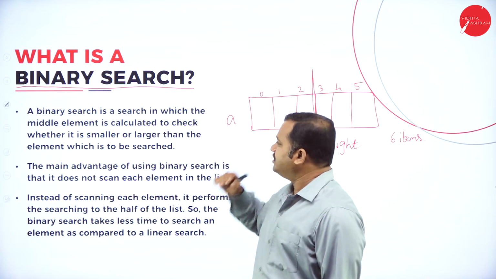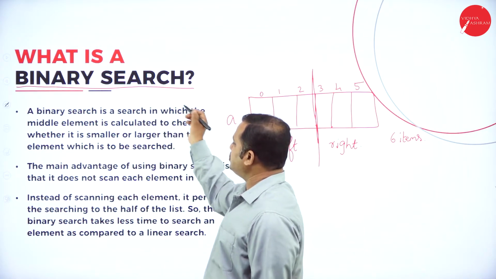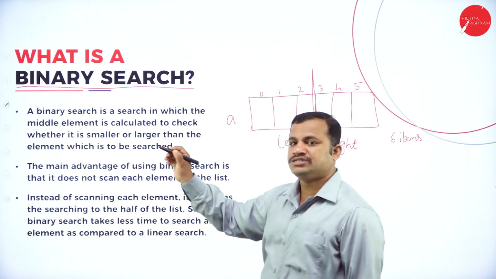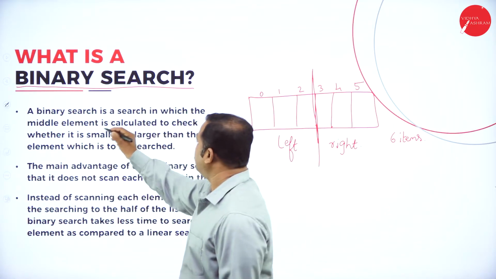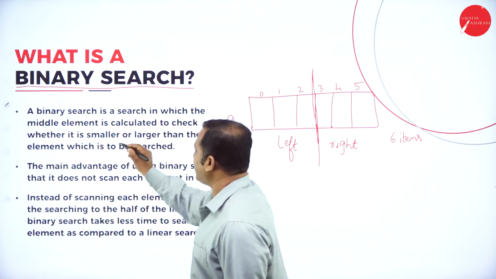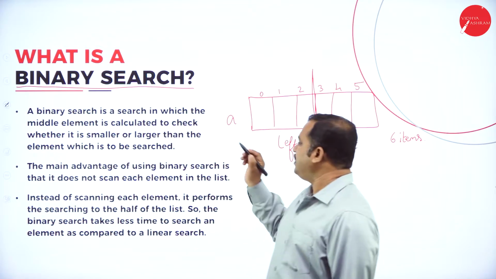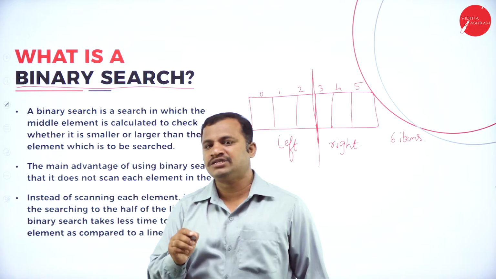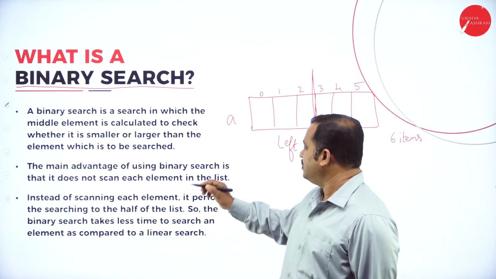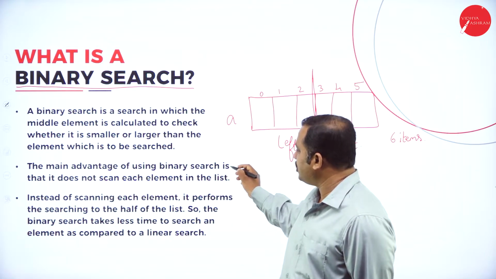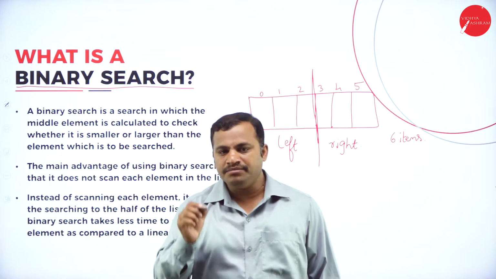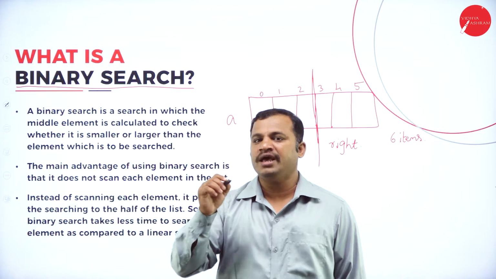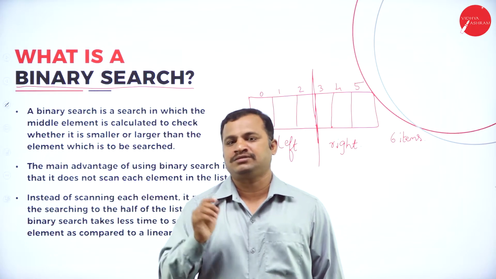Binary search is a searching technique which searches the middle element present in an array. The main advantage of using binary search is that it does not search for each and every element present in a list.